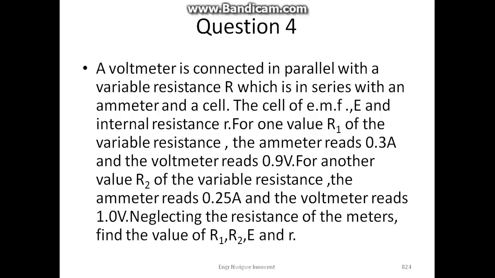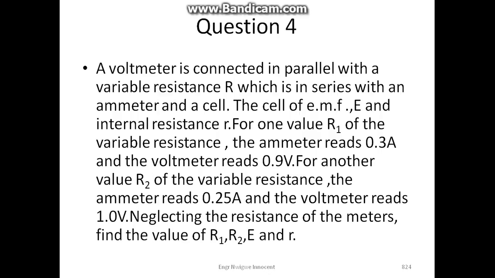Question 4. A voltmeter is connected in parallel with a variable resistance, capital R, which is in series with an ammeter and a cell. The cell has EMF, capital E, and internal resistance, small r. For one value, capital R1, of the variable resistance, the ammeter reads 0.3 amps and the voltmeter reads 0.9 volts.